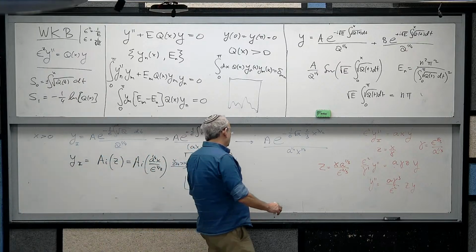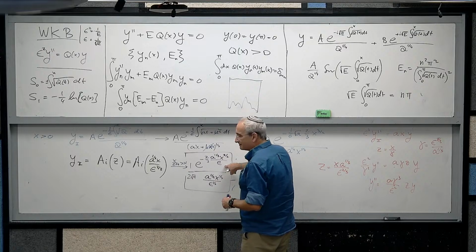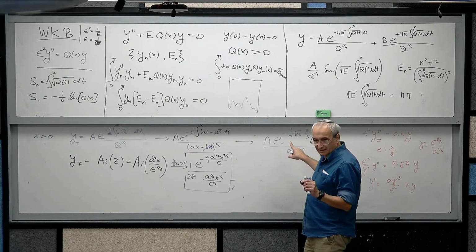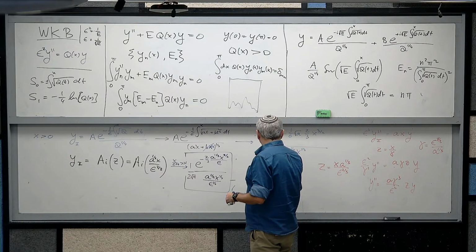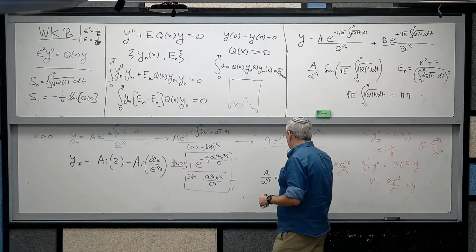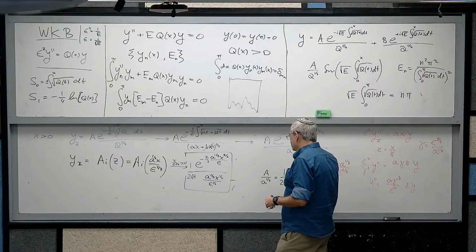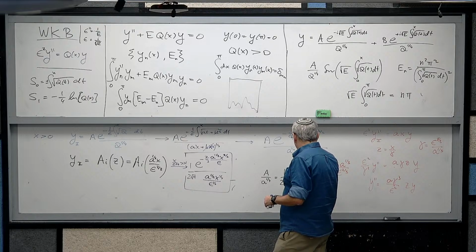And therefore, in order to match this and that, the exponent matches perfectly. And here, what I need is a divided by a to the 1/4 to be equal to 1/2 square root of pi, a to 1/square root of pi epsilon to the 1/6 divided by a to the 1/12.